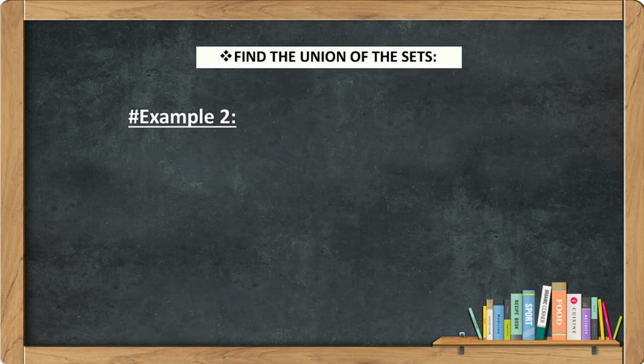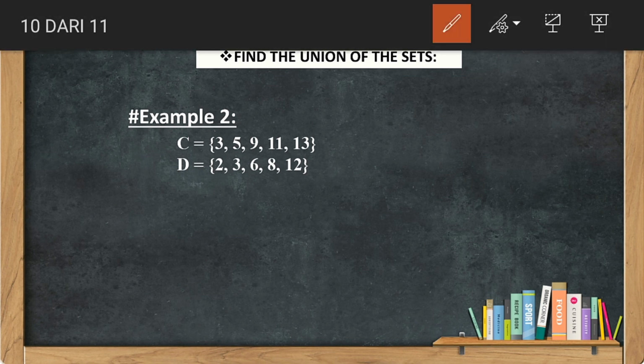Example 2. Let's say set C is 3, 5, 9, 11, and 13, and set D is 2, 3, 6, 8, and 12.